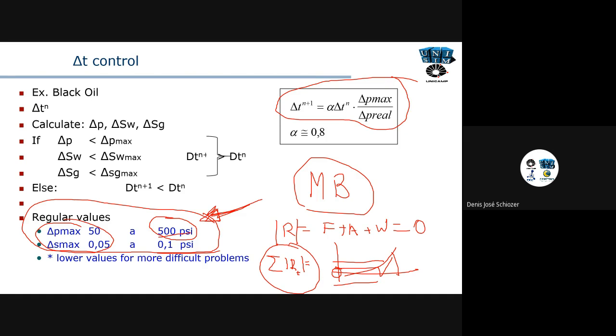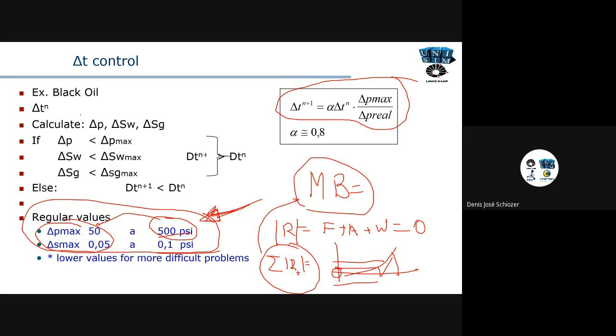That means that at the end of the simulation time, if the residuals are accumulating too much and the material balance is too big, then you can look in your simulation files, in the output files, and see that your material balance is too high. So then you can decrease these values, for example, or decrease the maximum time step size and so on. And then you're going to see that the material balance will decrease. If the material balance decreases, that means that you have a better solution.